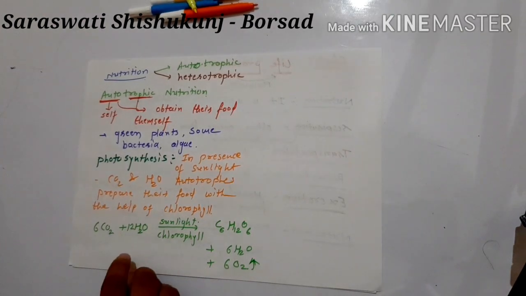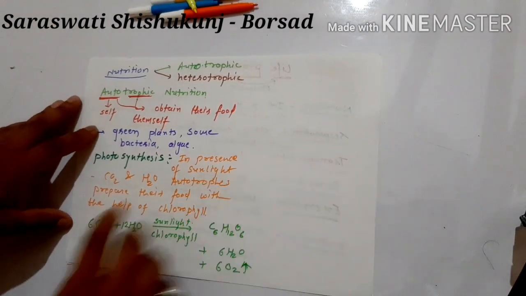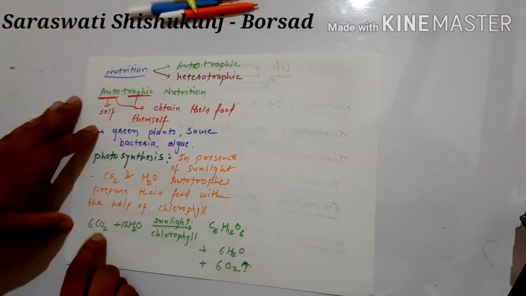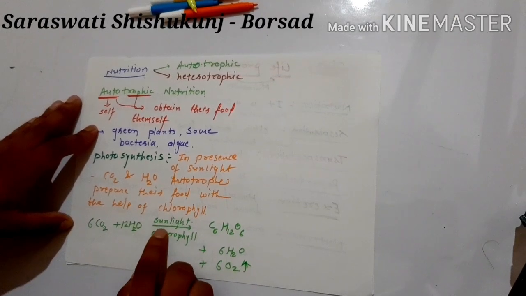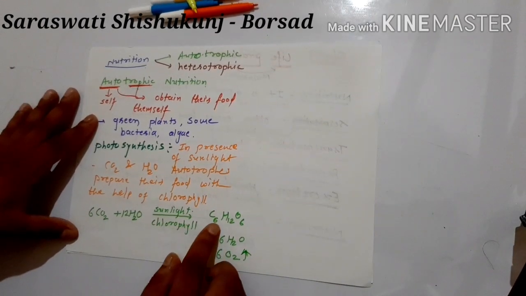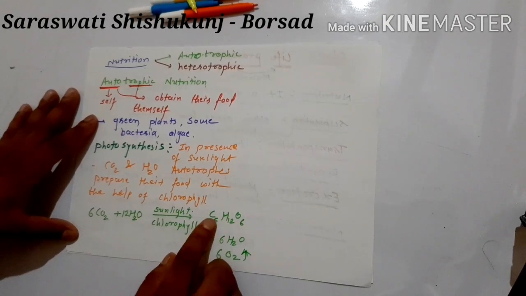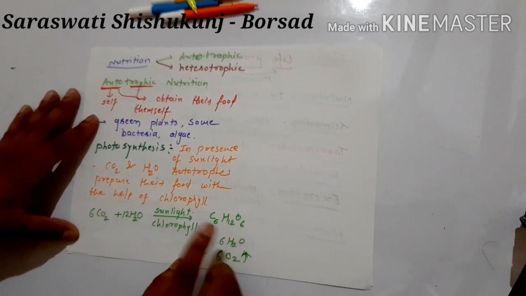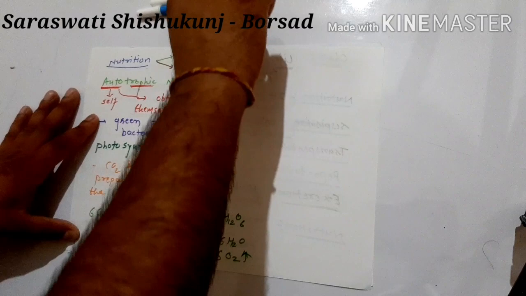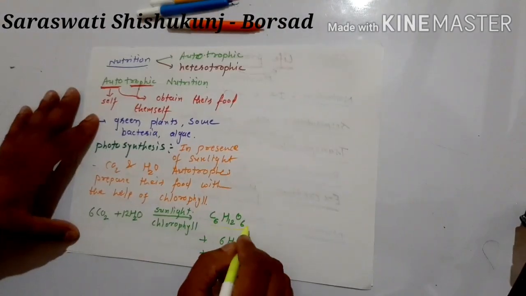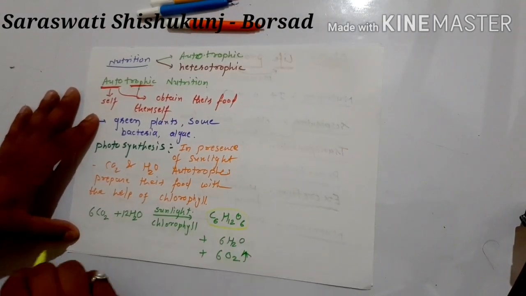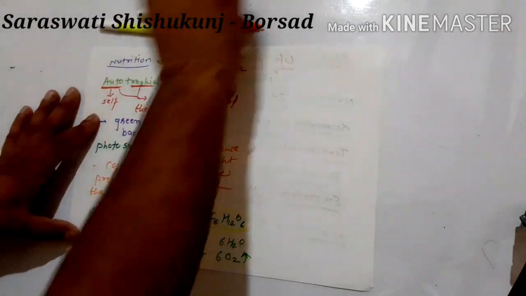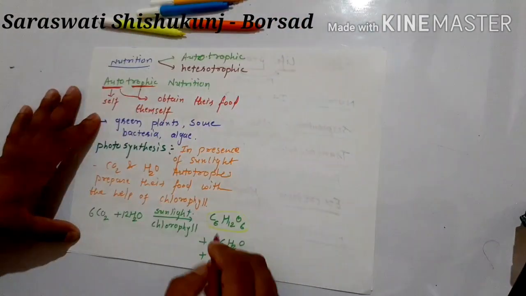But before that, let us understand this reaction: carbon dioxide and water in presence of sunlight and chlorophyll give us C6H12O6, that is glucose. It's one type of carbohydrate which we are using as a food.